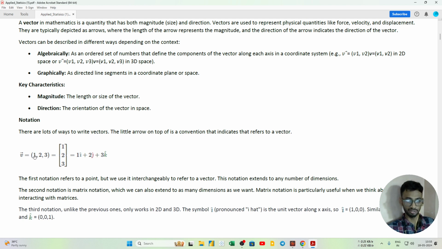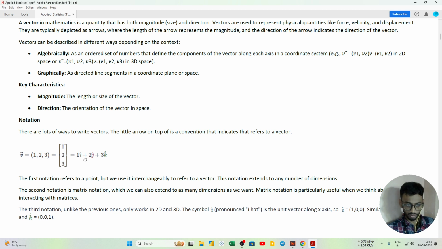This one is along the x-axis, 2 is along the y-axis and 3 is along the z-axis. We can denote it in this way, or we can denote it in this way, the column matrix form.